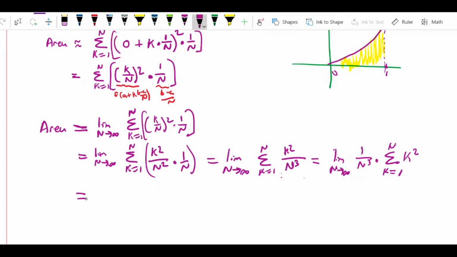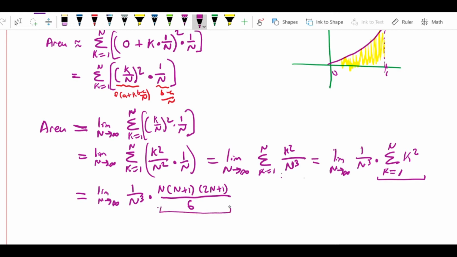So now we're going to use the formula that we know for the sum of the first n squares. So that's going to be the limit as n approaches infinity of 1 over n cubed times that formula, which gives n plus 1 times 2n plus 1 over 6. In other words, I just replaced that summation with this. And now I just have a simplification that I can do using what we already know about how to evaluate limits.